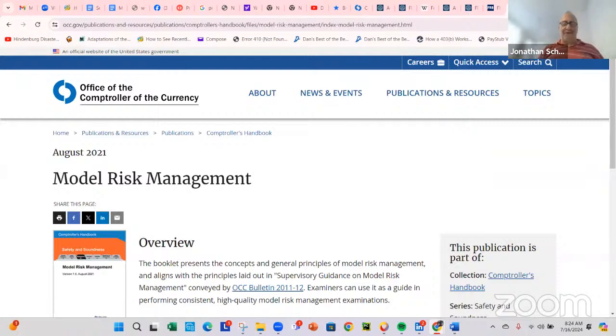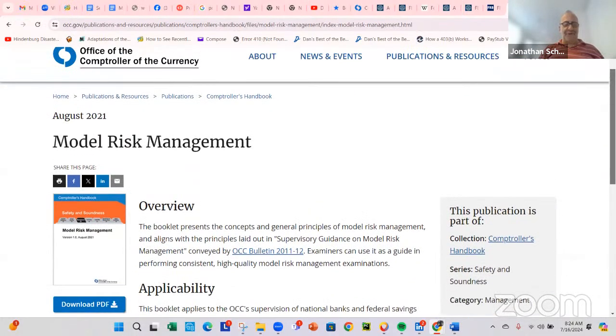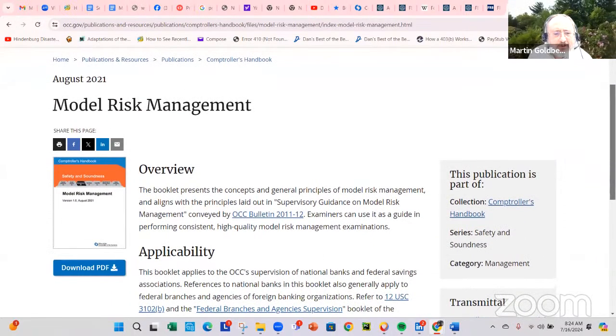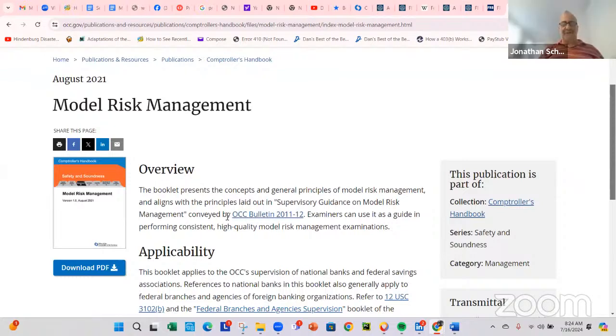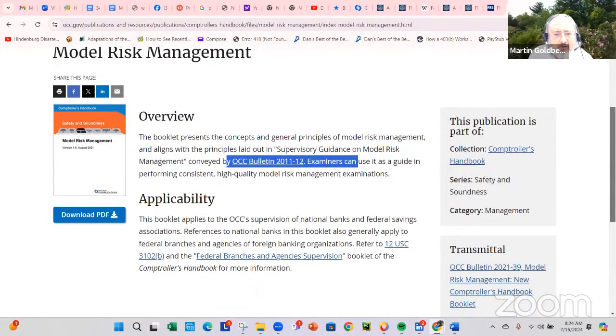The FDIC has something I'll mention in passing, but after SR 11.7, this is probably the most important one. It's based on SR 11.7, which the OCC calls 2011-12, word for word the exact same thing. But this is expanded to an examination manual where you can expect, as a bank, to get questions from this manual. So if you read it, you won't be surprised.